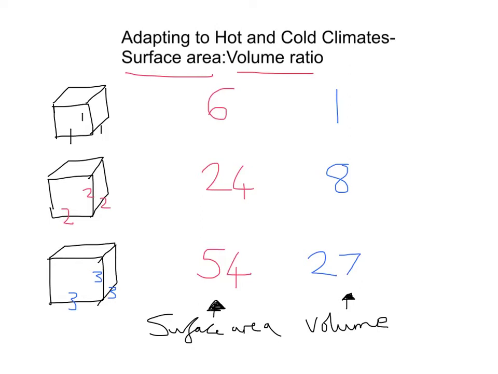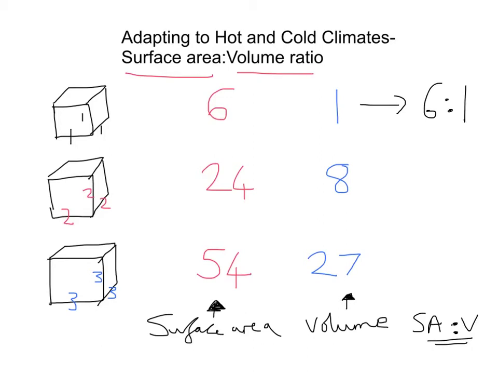So now finally what we want is the surface area to volume ratio. You work out the surface area to volume ratio by dividing the surface area by the volume and expressing it as a ratio. So if we did that, the top cube would give us a ratio of 6 to 1.